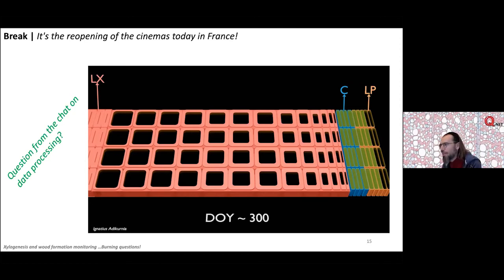Yeah, and maybe I can add a little bit, because polarized light helps us, especially at the beginning of the growing season, to separate the enlarging cells, which have really thin cell walls, from the cells that already have secondary cell wall, but it's still undetectable with the naked eye or with the microscope. So if you turn the polarized mode on, you can clearly distinguish this, and it's a really big help.